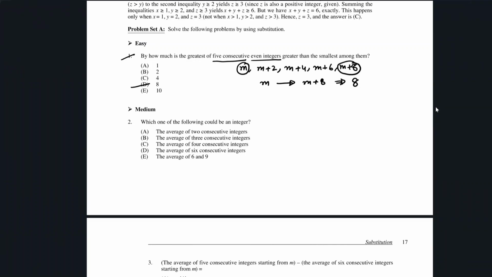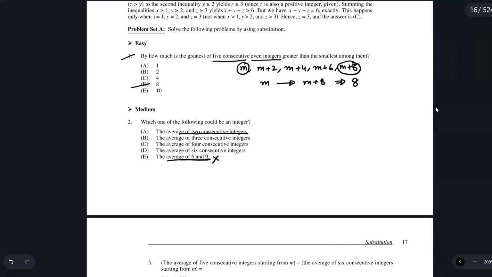Now the second question is of category medium, and it asks which of the following could be an integer. Let's try to figure it out. I see a simple option here. The average of 6 and 9 cannot be an integer, right? It should be something like 7.5. So we skip option E. Now let's go through from option A. Here the option is the average of two consecutive integers.